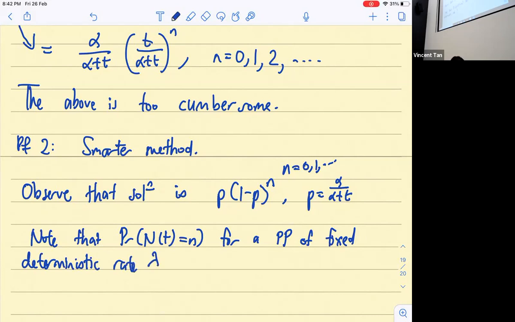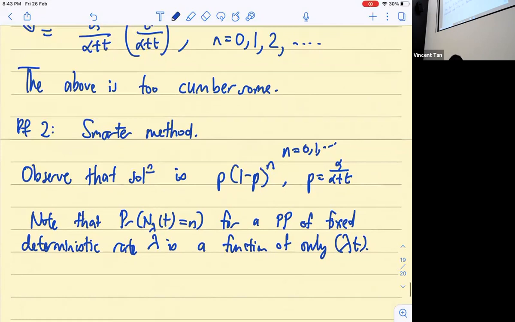The probability is a function of only lambda t together. All right, so now let me make this a little bit more pedantic. N_lambda(t), so N_lambda is a lambda rate Poisson process. A lambda rate Poisson process taking on the value n is only a function of lambda t, the product.